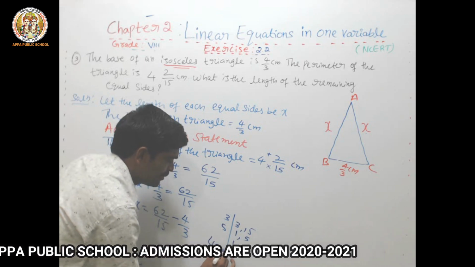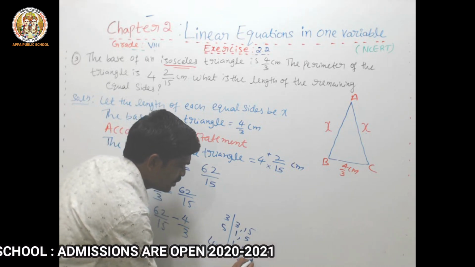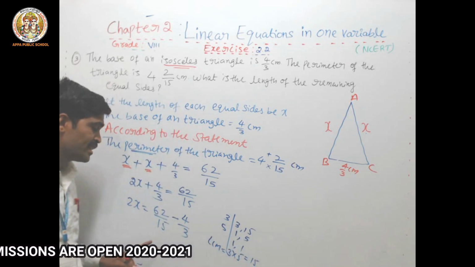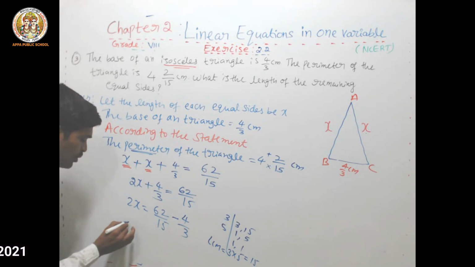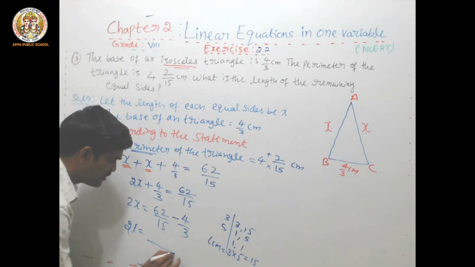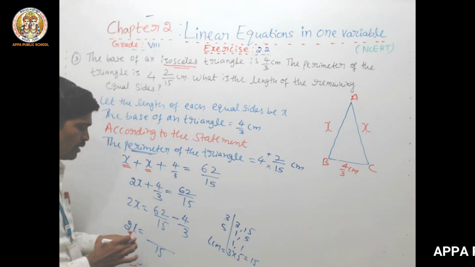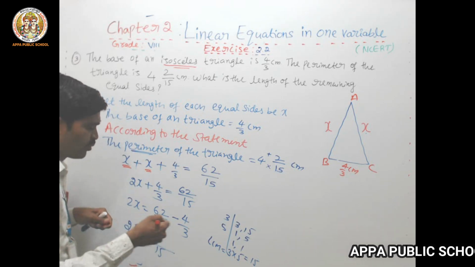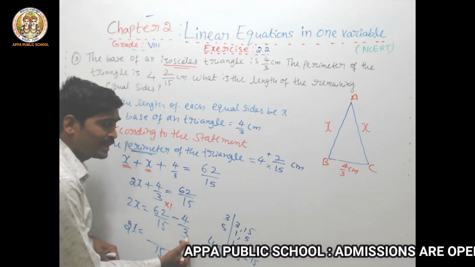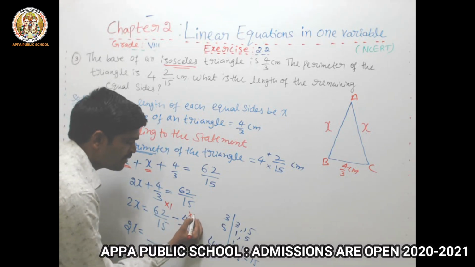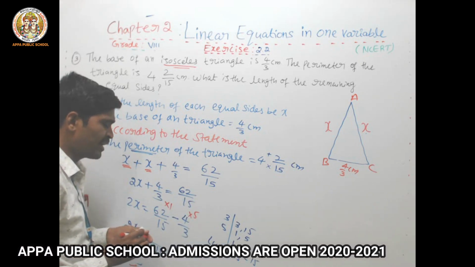LCM is equal to 3 into 5 is equal to 15. Why do we have to take the LCM, my dear students? To make the denominator the same. So 2x is equal to 15 divided by 15, here we multiply with 1. Here 3 is there. Which number do we multiply with 3 to get 15? That should be 5. That's why we multiply with 5.